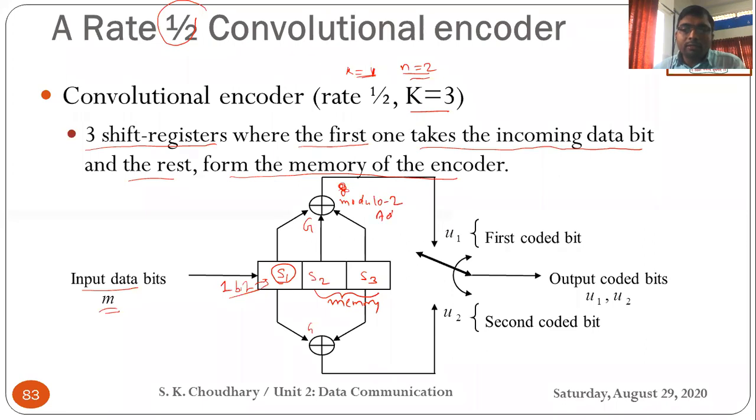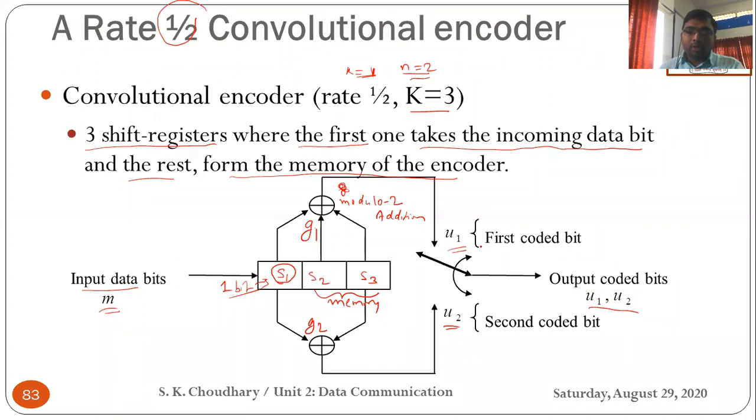There are two generating vectors, G1 and G2. In this way, you can see there are two modulo 2 additions for generating the outputs U1 and U2. These are the output coded bits U1, U2.